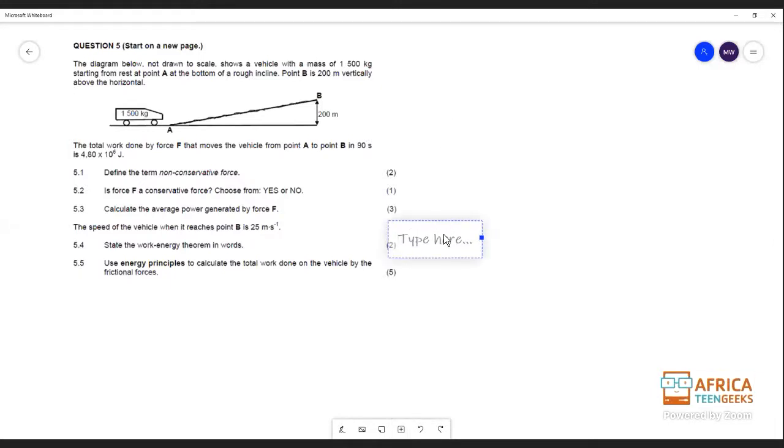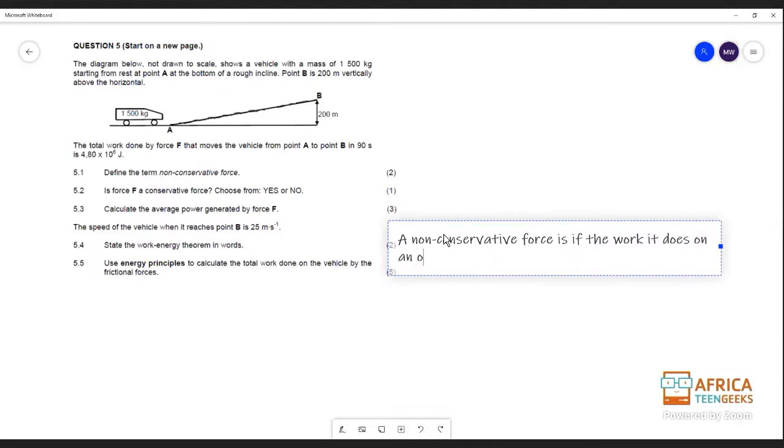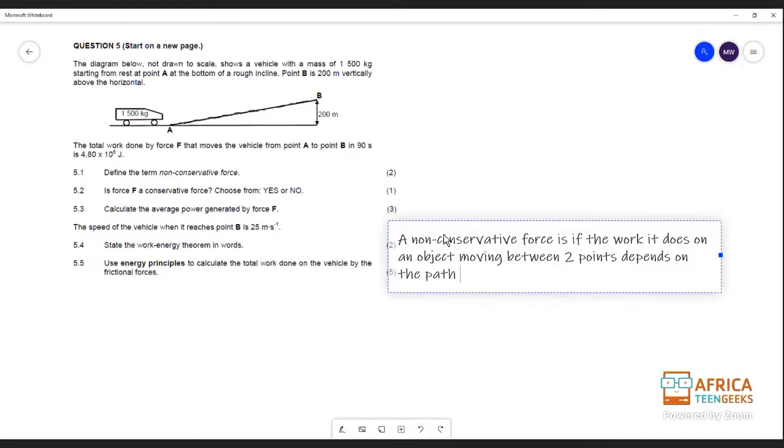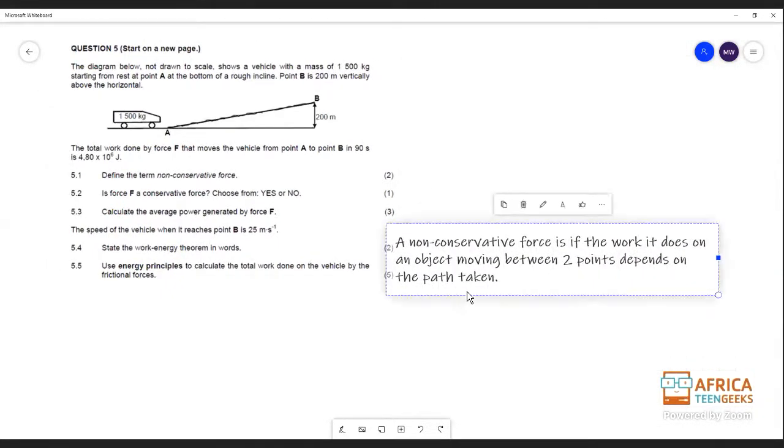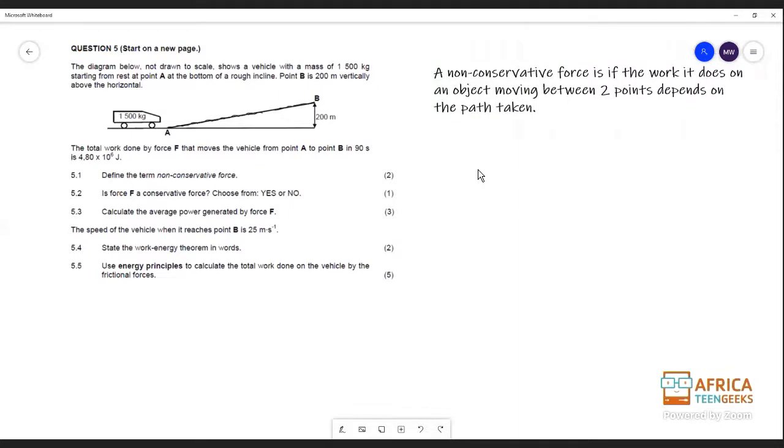So we can just say a non-conservative force is if the work it does on an object moving between 2 points depends on the path taken. Okay, and so that is question 5.1.